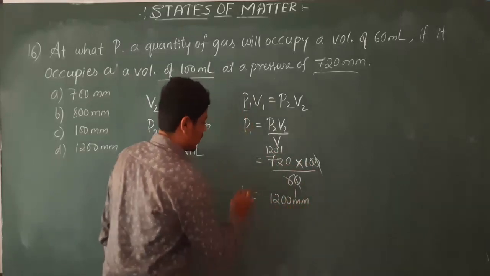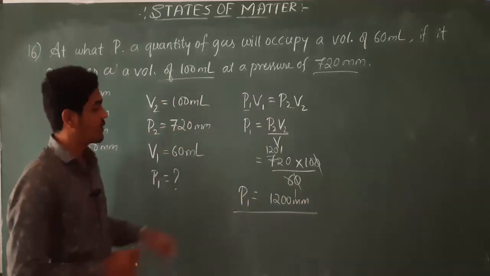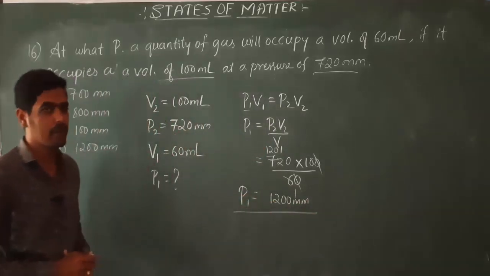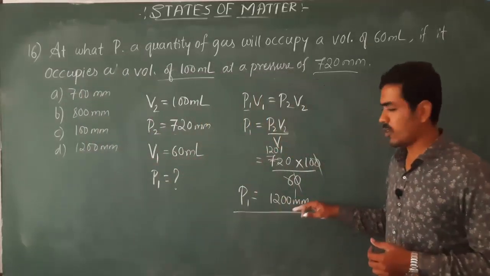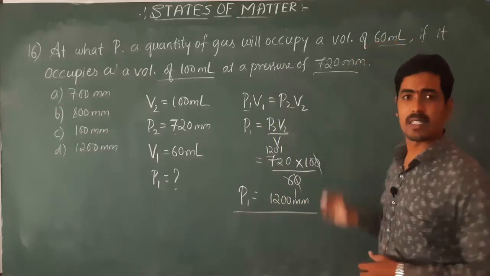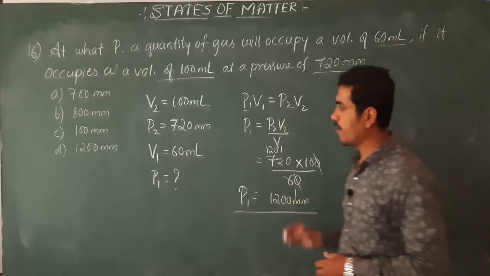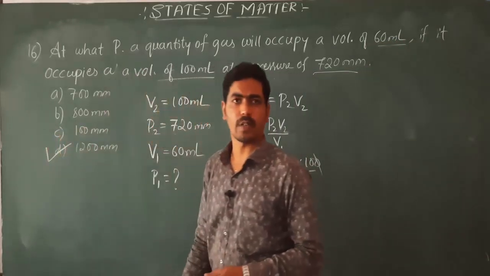We will get the initial pressure as 1200 mm. That means at this pressure, about 1200 mm, the volume of the gas is 60 ml. Therefore option D is the right one.